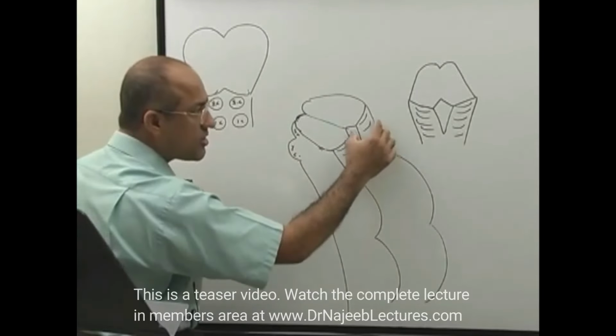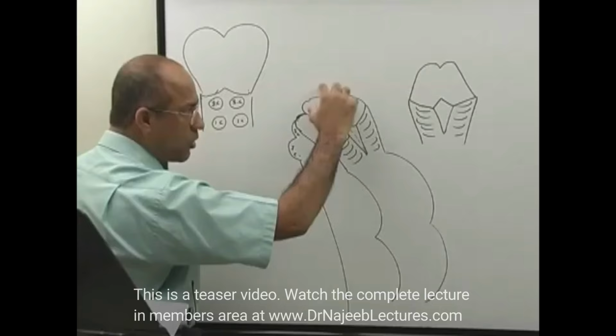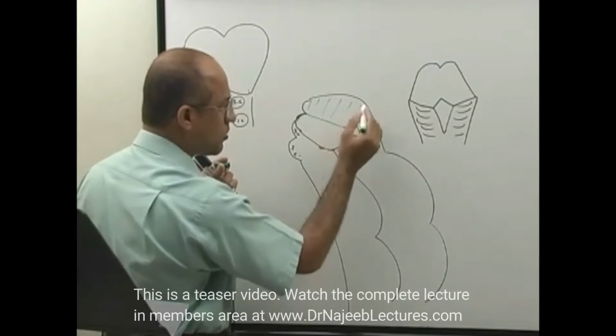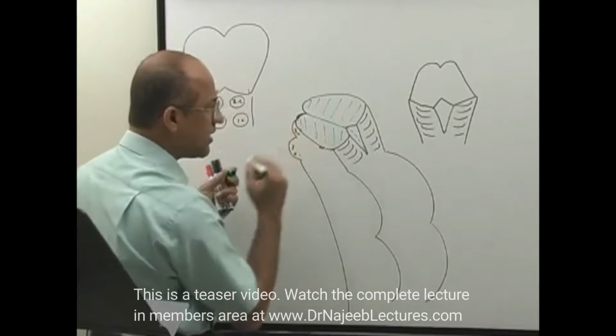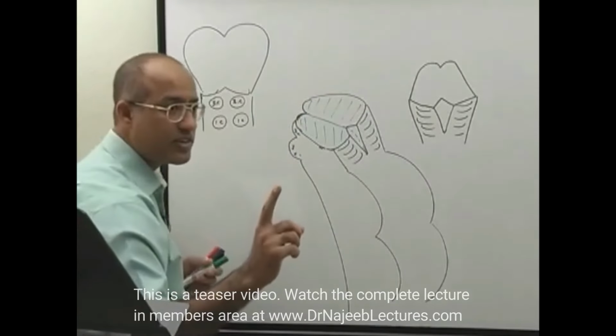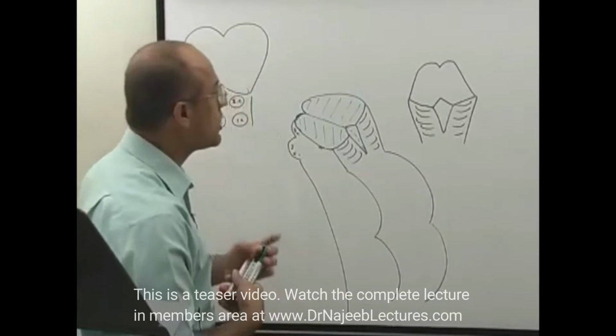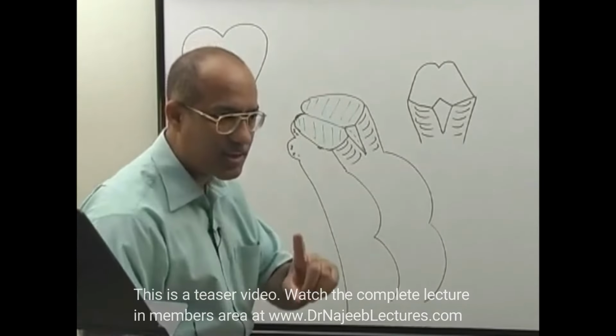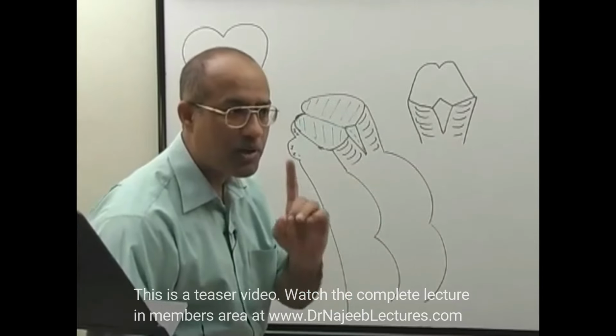Now, because this whole green structure on one side and this one on the other side is connecting the brainstem with the cerebral hemisphere, they are called cerebral peduncles. What are they called? Cerebral peduncles.